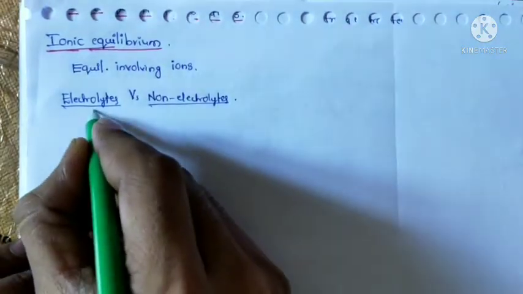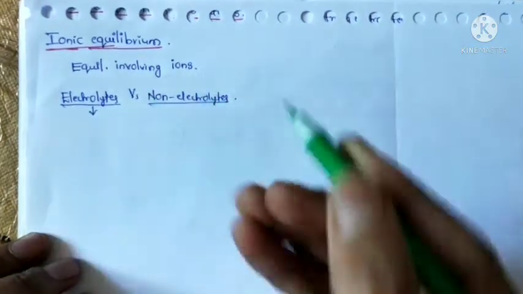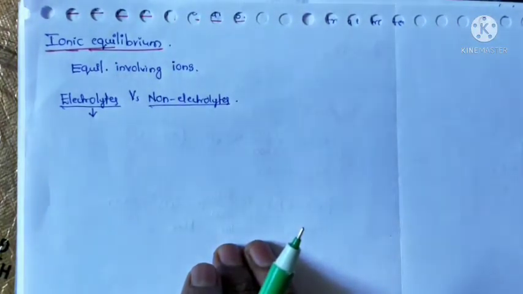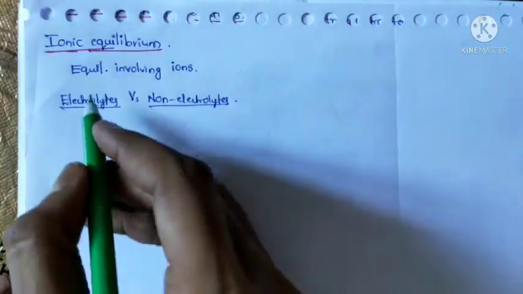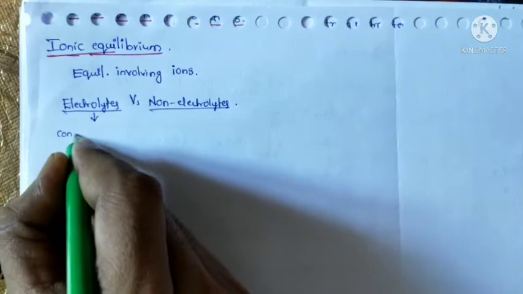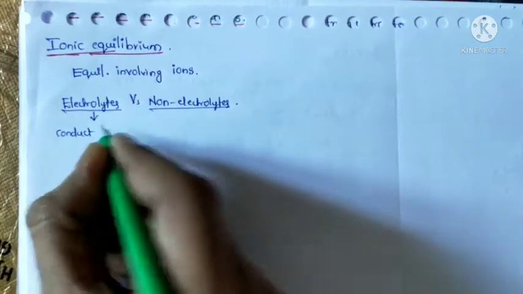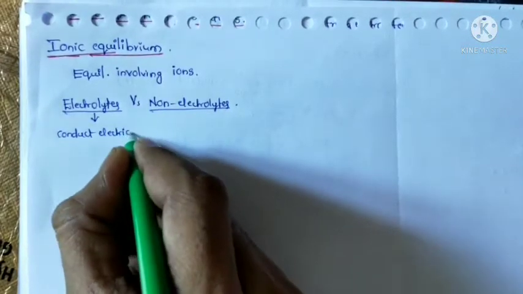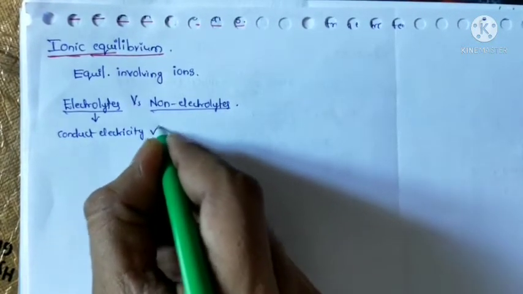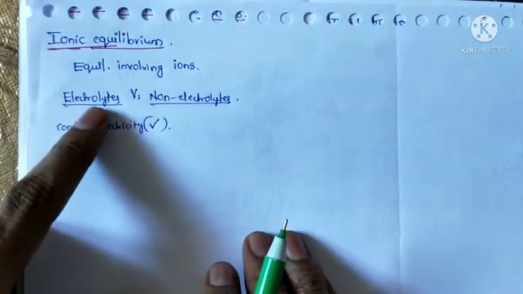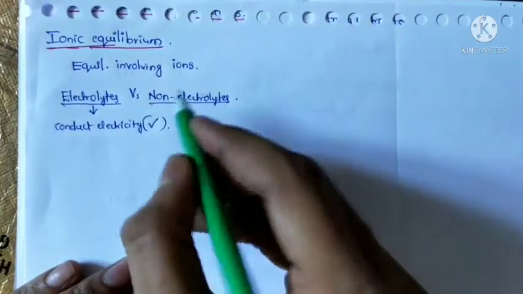So what are electrolytes? The substances which conduct electricity are called electrolytes.